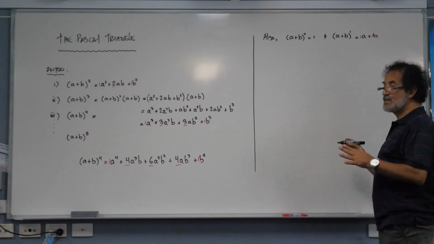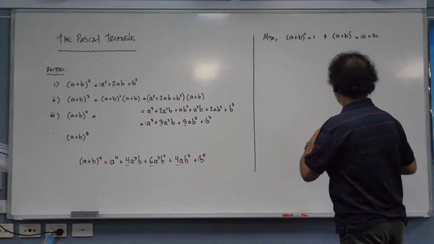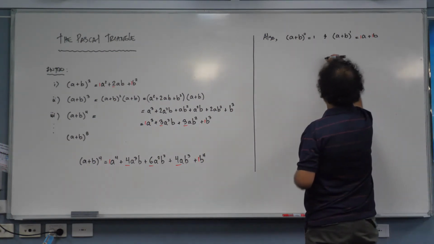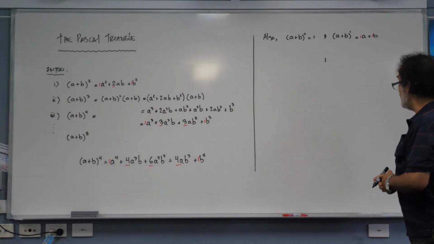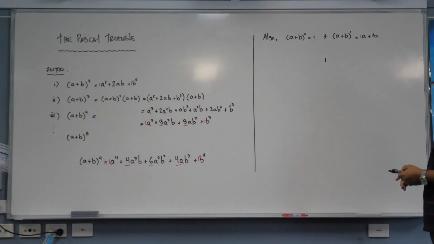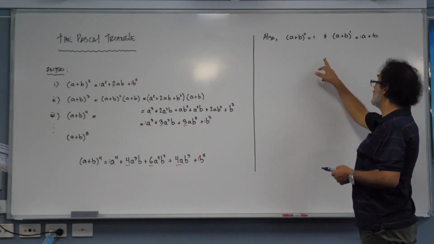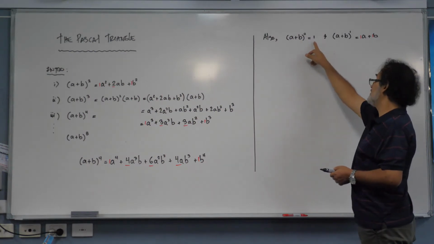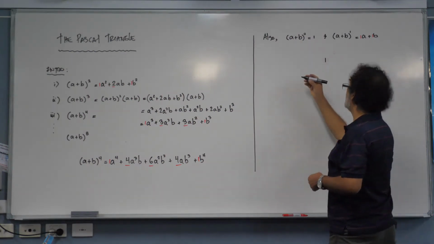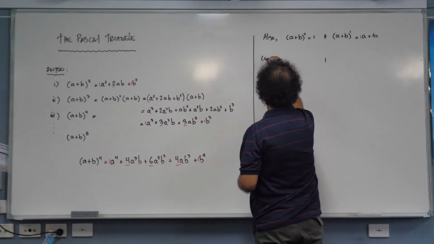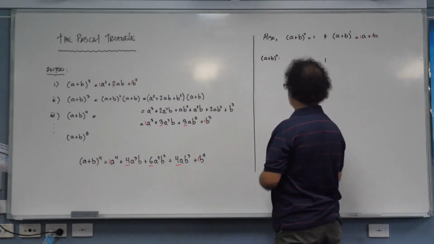Okay, so this is the very popular triangle. So I want you to put 1 in the middle of your page. That 1 is simply the coefficient coming from here. Can you see that it's only 1? It's constant. So we're going to put here (a plus b) to the power of 0.